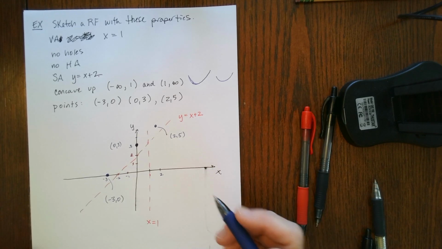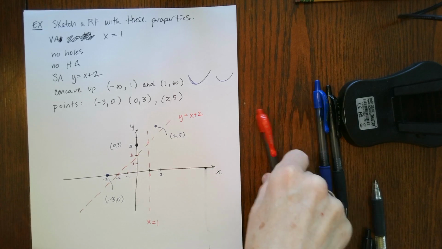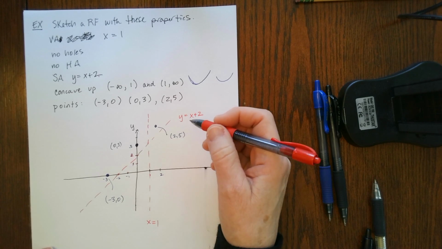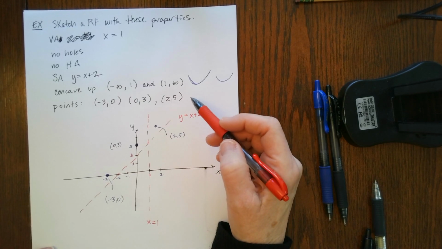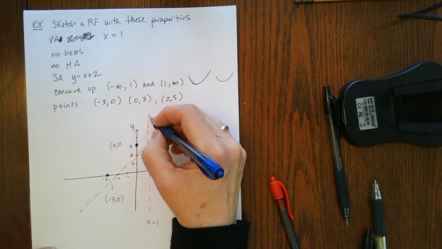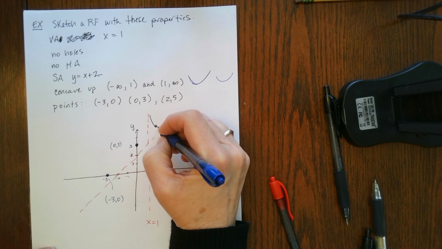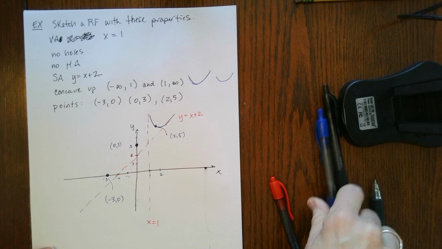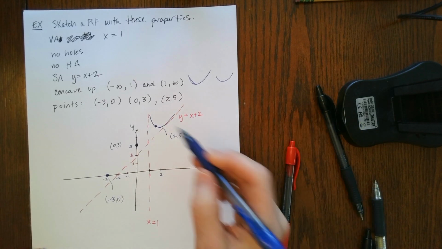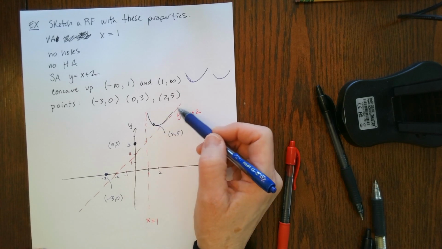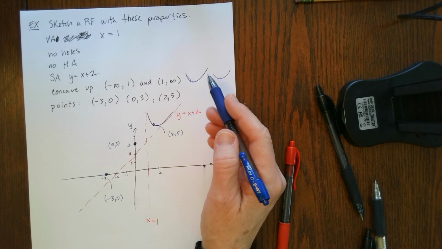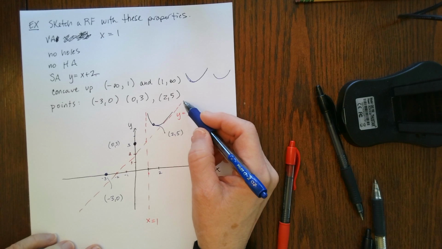Okay, so remember that the graph cannot cross its vertical asymptote. And because it's concave up, we could think of the graph as doing something like this, okay? Where it's getting closer and closer to its vertical asymptote, x equals 1, from the right, and it's getting closer to its slant asymptote, y equals x plus 2, as x goes to infinity.